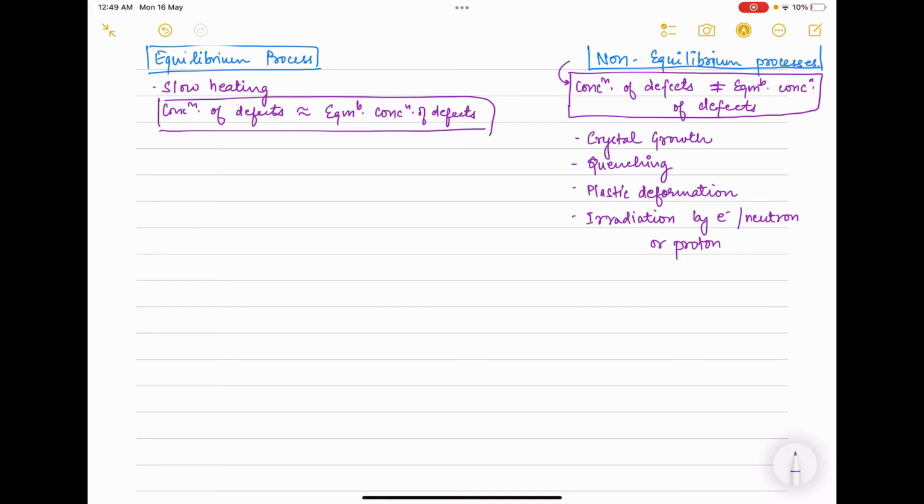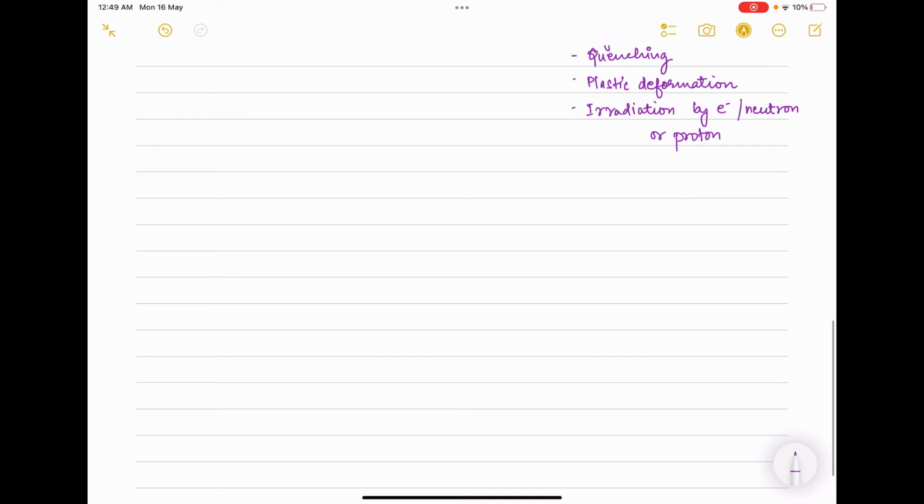So when a high energy electron, neutron or proton bombards the crystal, certain atoms are ejected out. So that is the generation of point defects. Then we have oxidation of silicon that injects certain interstitial atoms. And these interstitials are again point defects, and nitridation of silicon injects vacancies.